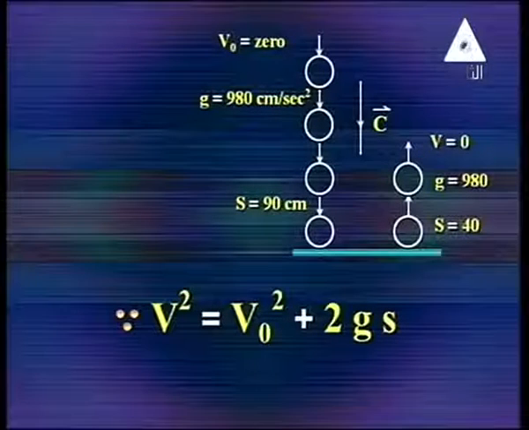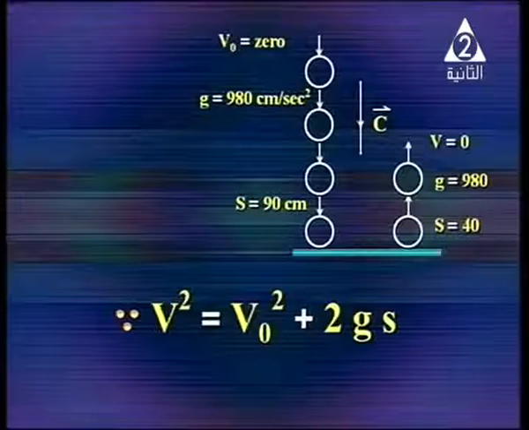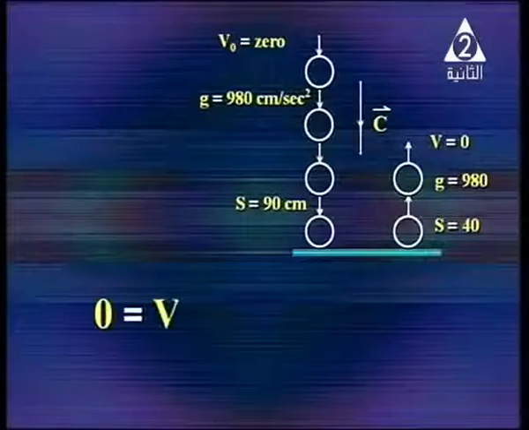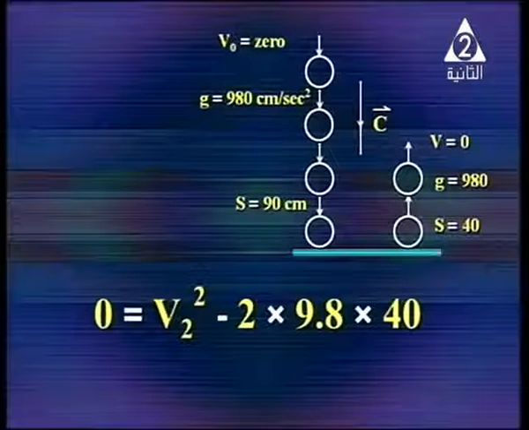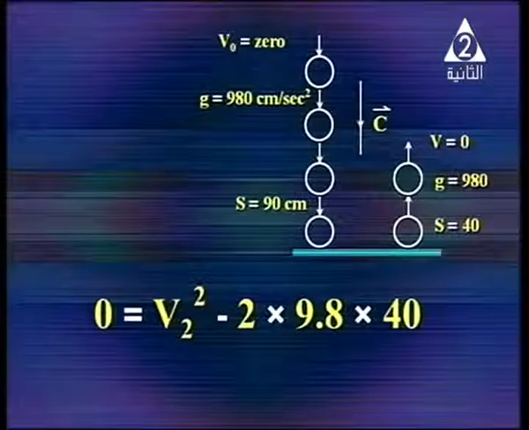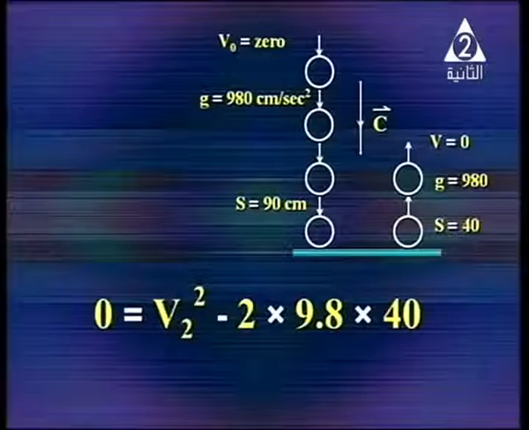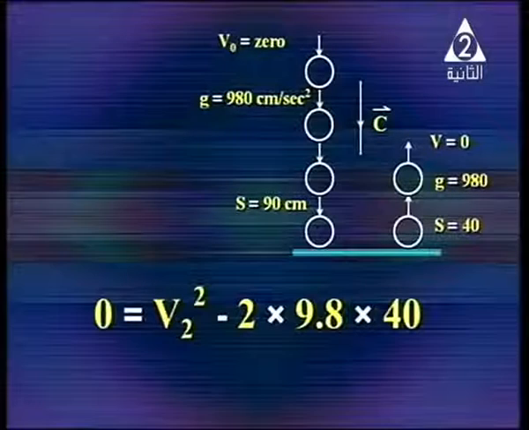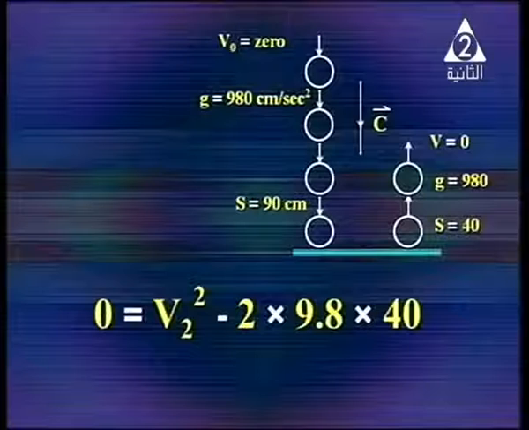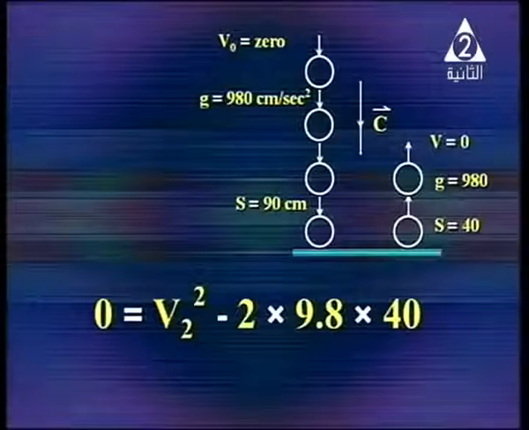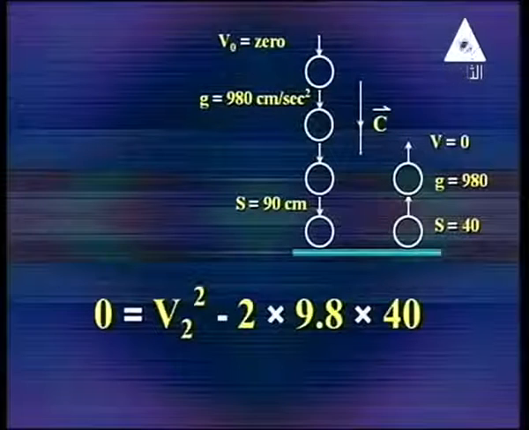The final velocity of the rubber ball is 0. By substitution, 0 equals V2 square minus 2 times 980 times 40. Note, dear student, that when the rubber ball goes up, the gravity has a negative sign.